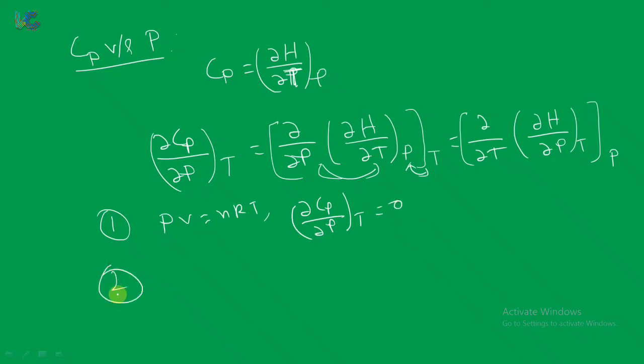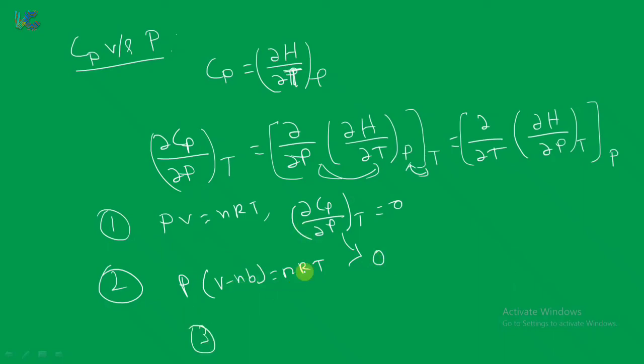Now for the gas P(V − nb) = nRT, ∂H/∂P at constant T has the value nb. But n is constant, b is also constant, and you are differentiating with respect to T, so the value will be 0. That means ∂Cp/∂P at constant T for this gas will also be equal to 0.